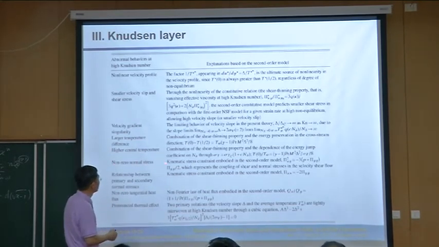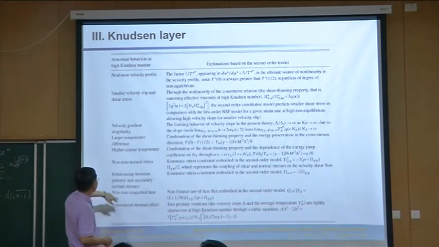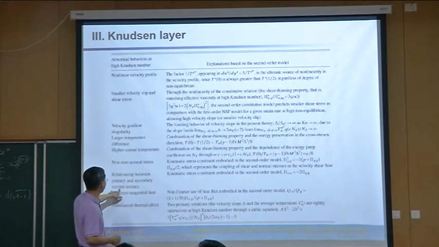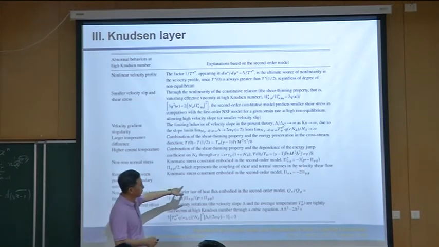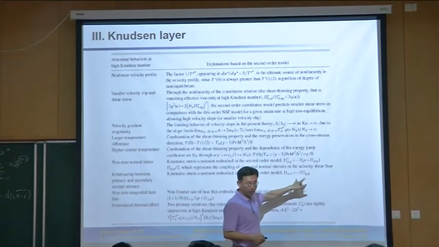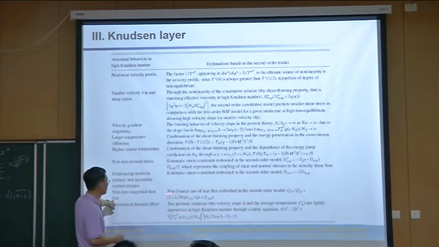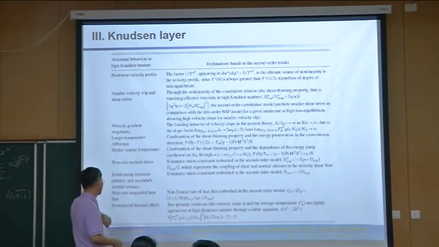Of course, non-zero normal stress is just the stress constraint. The relationship between primary and secondary normal stress, I mean pi_xx, pi_yy, minus 2. Because of that, the classification tells you this should be non-zero tangential heat flux. Again, you have the extra terms.